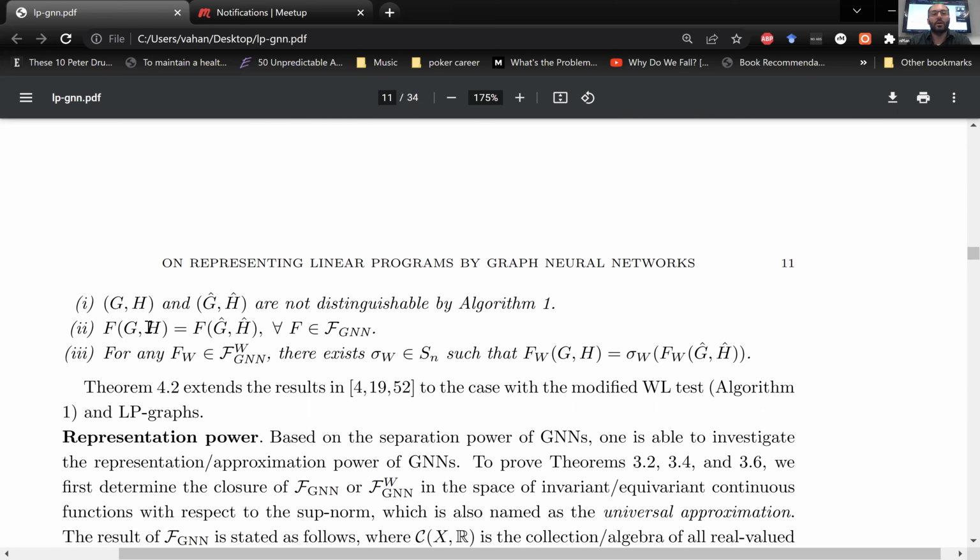The output from the GNNs is the same. If they are not distinguishable, then the output is the same. If the output is the same, they are not distinguishable. Okay, it's both ways. And if you have a permutation, this FW returns the solution.